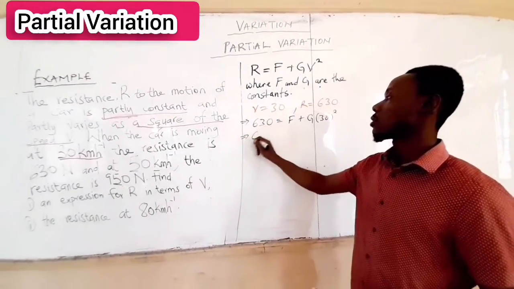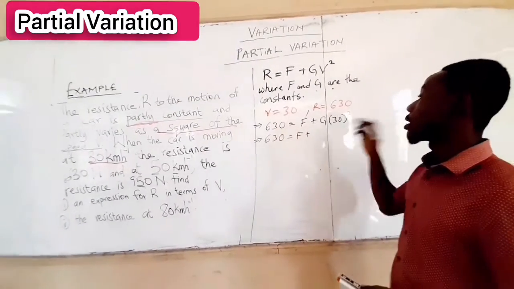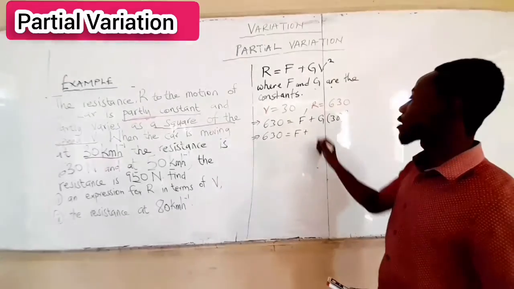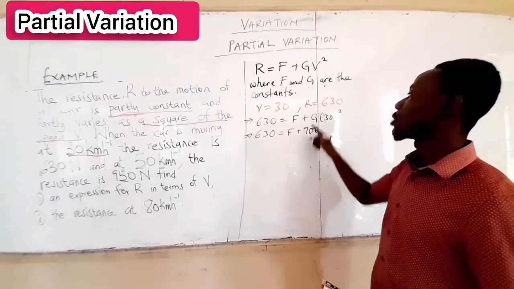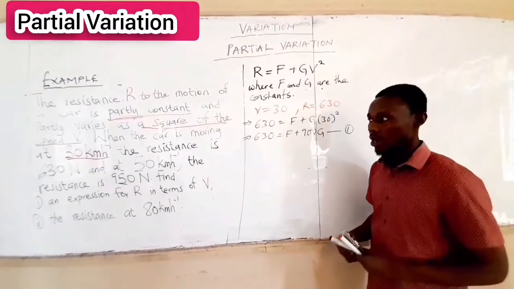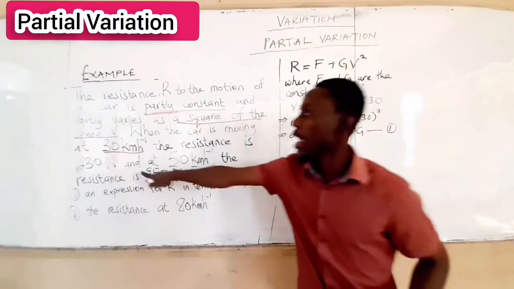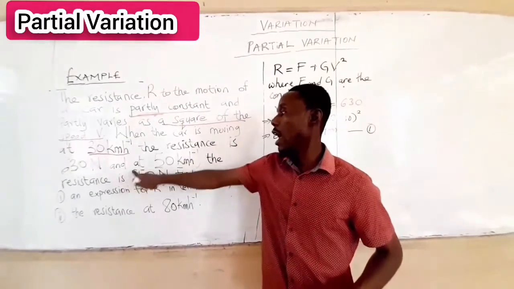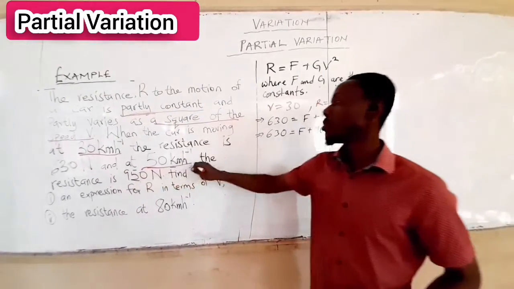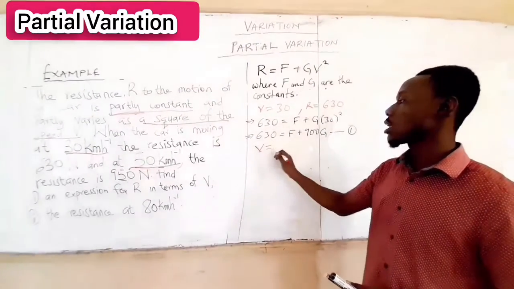We have 630 equal to F, then 30 squared will give us what? 900. So 900 G. This becomes our equation 1. And it continues to state that at 50 kilometers per hour, this time around our speed is 50.